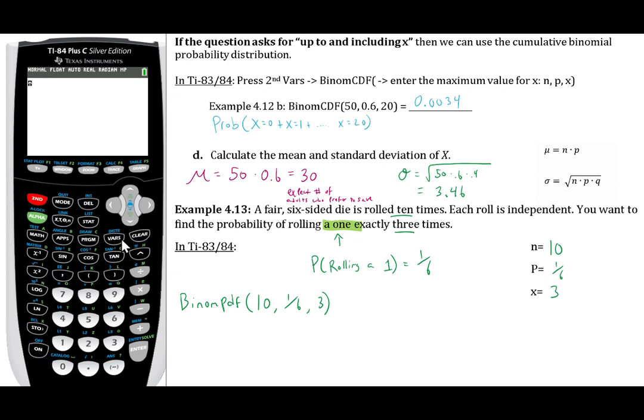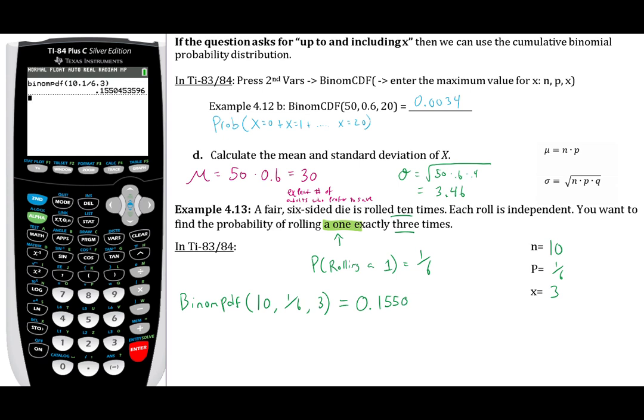We can hit second vars, alpha math, 10 trials. The probability of success is 1/6. We could type that in right as a fraction, and the x value is 3. Hit paste, enter, and we get 0.1550. We don't really need the 0, but I'll put it in there just in case.